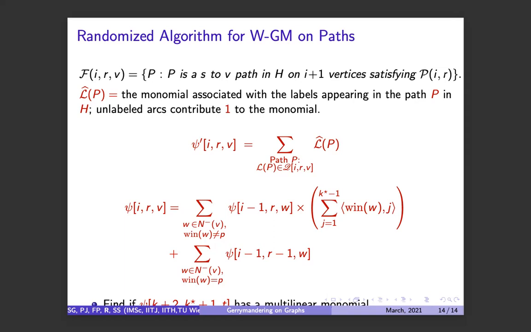May I also ask a question? Yeah, sure. First of all, thank you for the talk. My question is, you presented an algorithm for paths, or two algorithms. Do you think these algorithms also work for a disjoint union of paths, so a graph where all the connected components are paths?